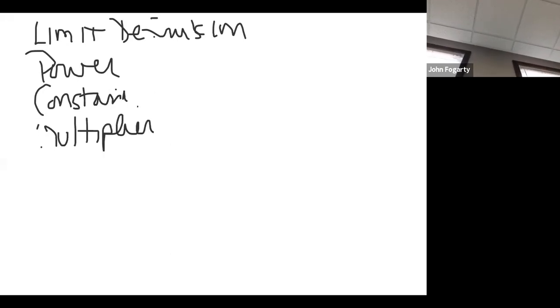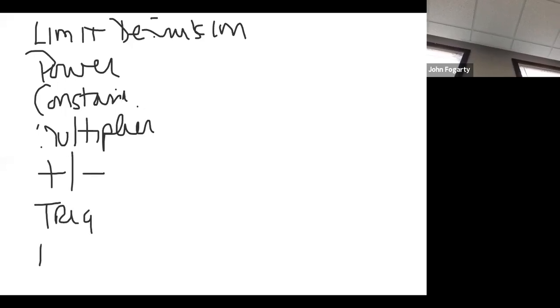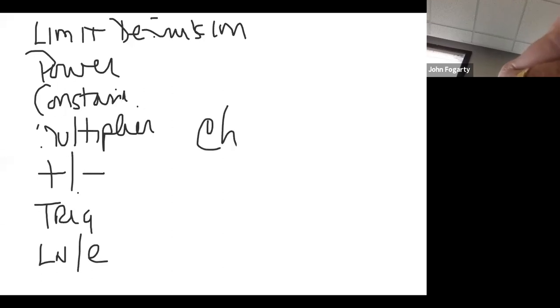All righty? So now, I put in your Dropbox a little worksheet working on derivatives using all of the rules. So now here's what we know. We have limit definition, we have power, constant, multiplier, sum difference, we got trig, we got natural log and e, and we got the chain rule.